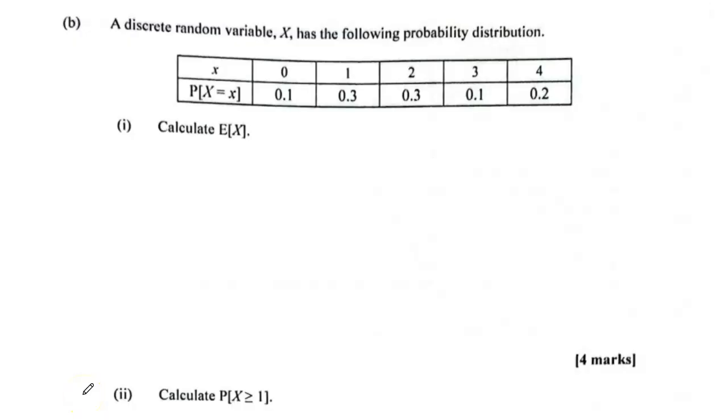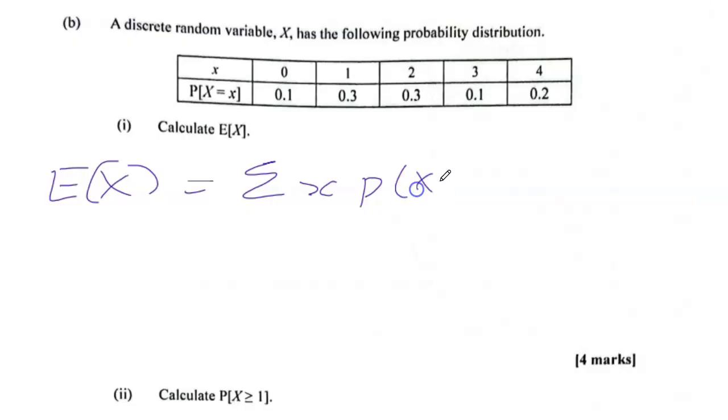Part B, a discrete random variable X has the following probability distribution. Calculate the expected value of X. So E of X is a summation of x times the probability X equals x.